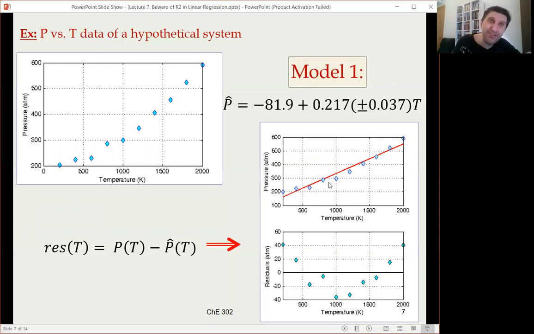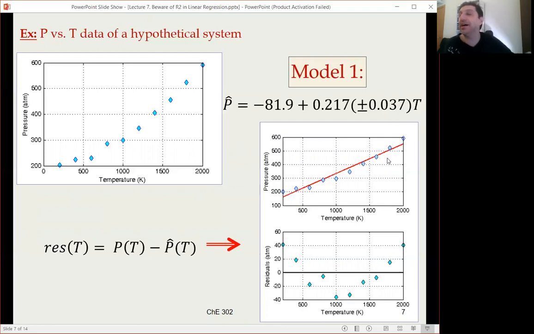The systematic error is not in the equipment. It is not in the experimenter, but the systematic error is in the model, in the assumed model. Or when you conduct your experiment below 500 or above 1600, your predicted values will be systematically below your experimental values.